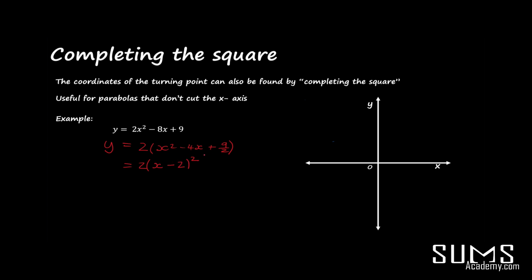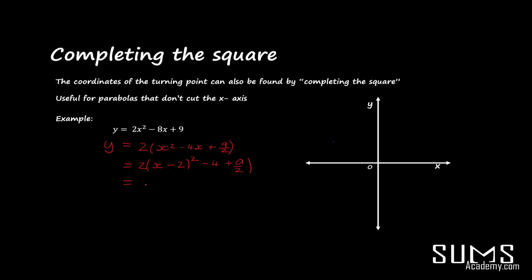And to compensate for halving it and putting it in this bracket, you need to take away the square of what you just halved. So you take away the square of what was in here. In this case, it's 2. So minus 4, because 2 squared is 4. So minus 4 plus 9 over 2.